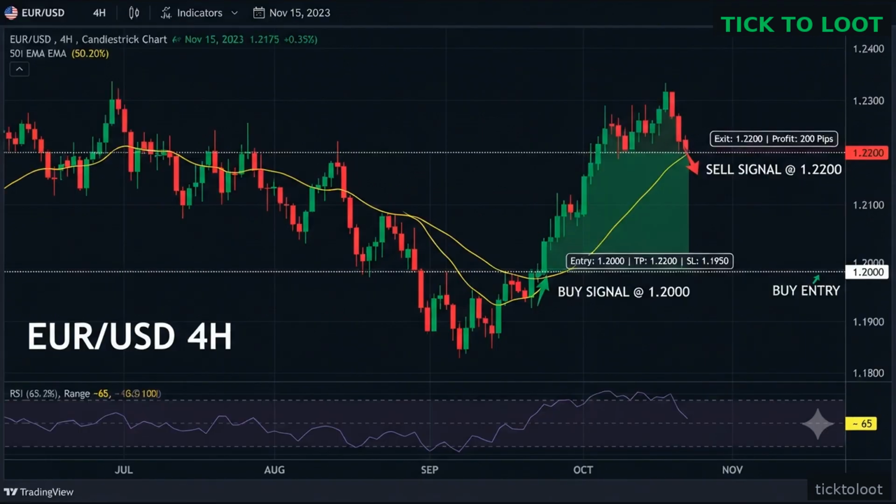Let's consider a real-world example of algorithmic trading in action. Suppose we have an algorithm that buys the euro to US dollar currency pair when the price goes above 1.2000 and sells when the price goes above 1.2200. On a particular day, the price of the euro to US dollar pair goes above 1.2000, triggering the buy signal.